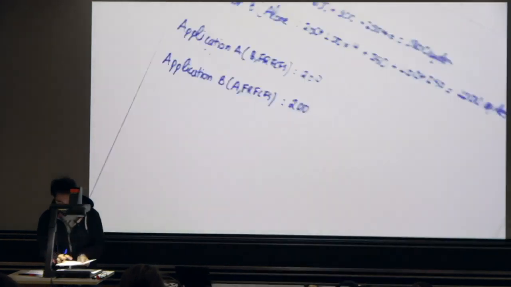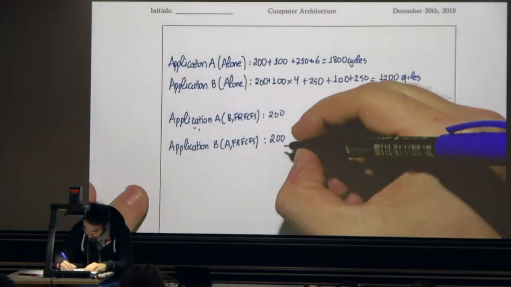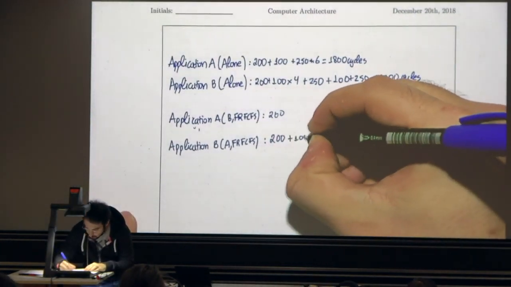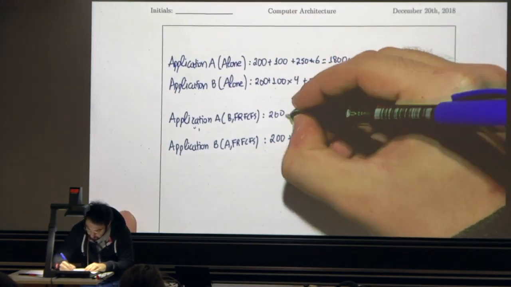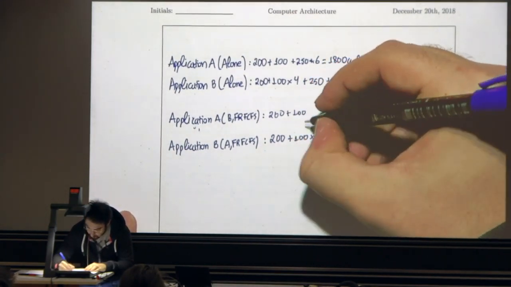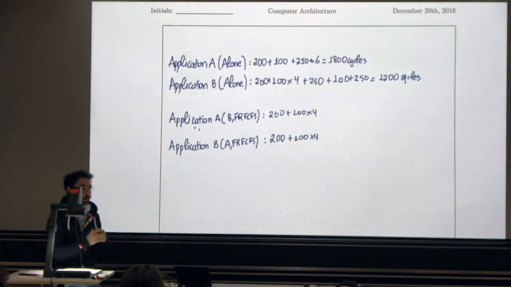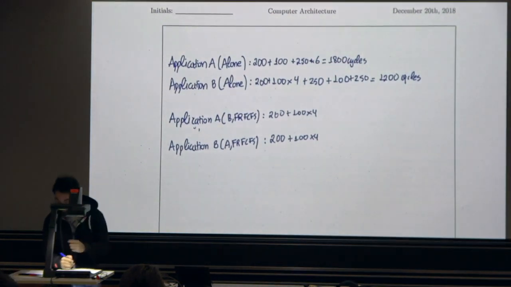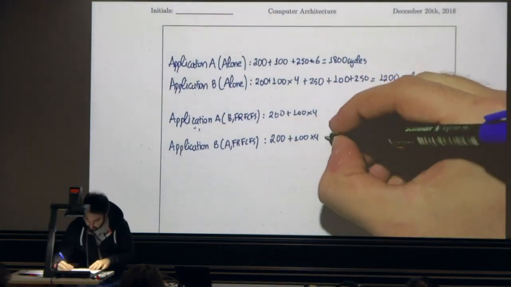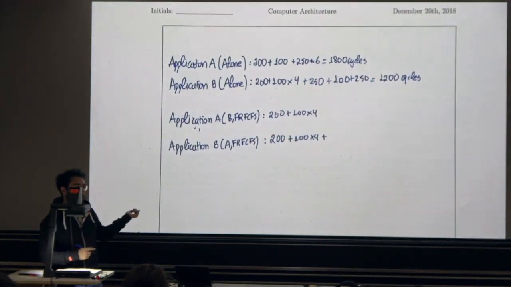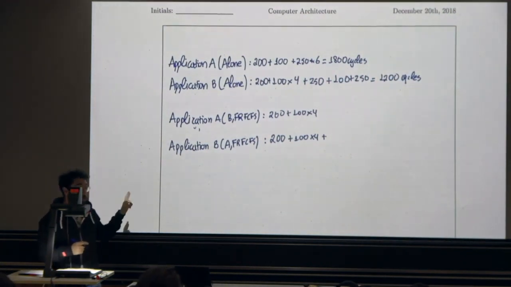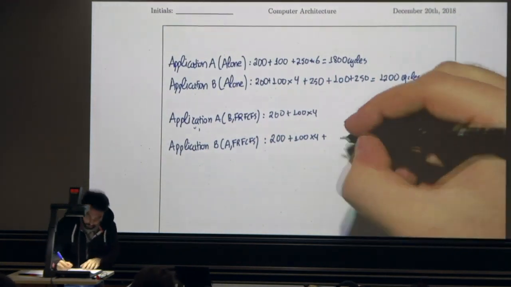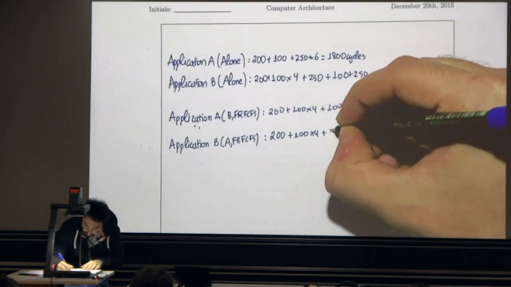So what we will do is that we will have 200 plus 100 multiplied by 4 and 200 plus 100 multiplied by 4 because we perform an accumulative mixed latency. Then we service row 2 from application A. So we have a hit in both.